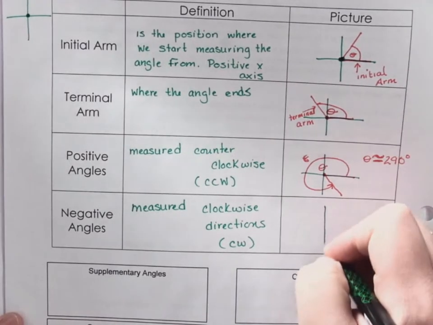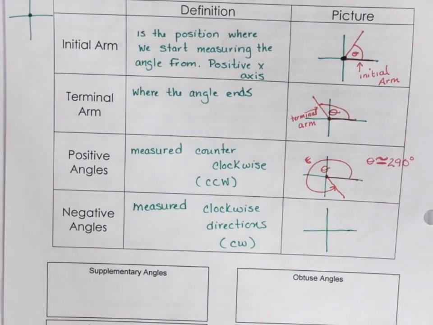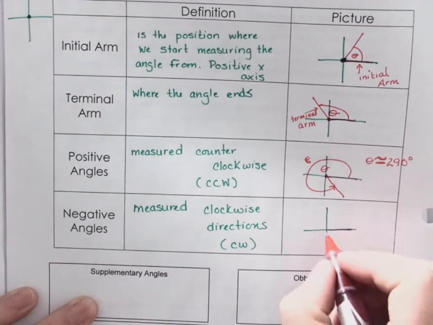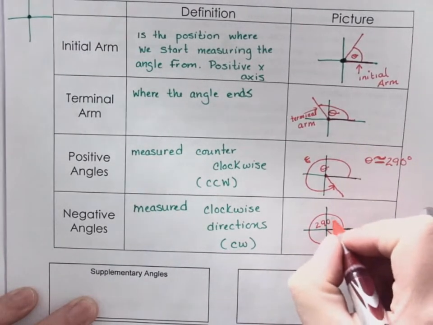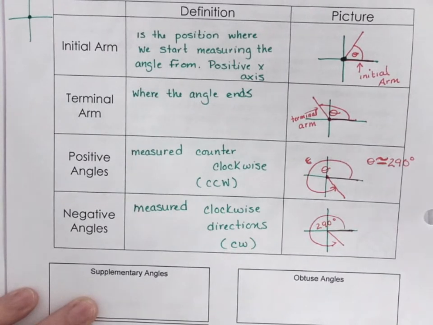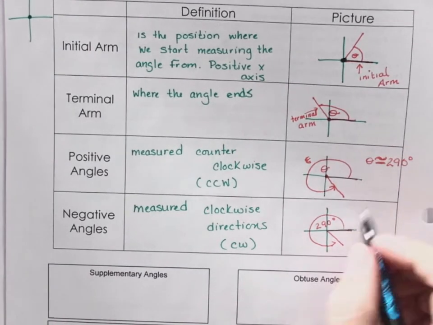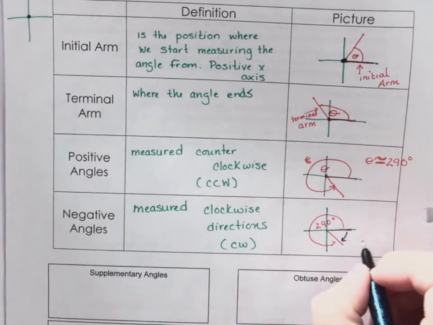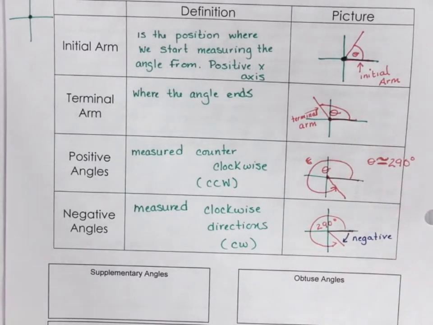So Zander made the point: what's the point in measuring a negative angle? Because if I have a positive angle, I can figure out what my negative angle is. So I'm going to try to draw this again. You guys would have said that this is 290, right? A positive 290. Then this angle here is going to be a negative angle, and what is the measurement of it?